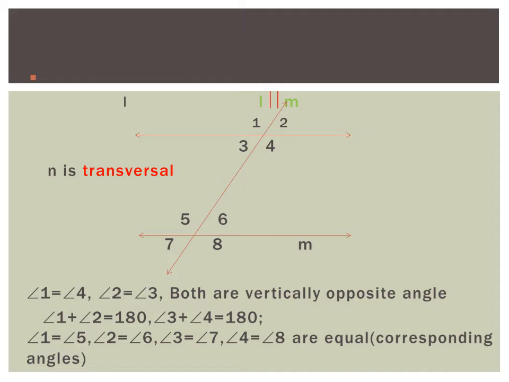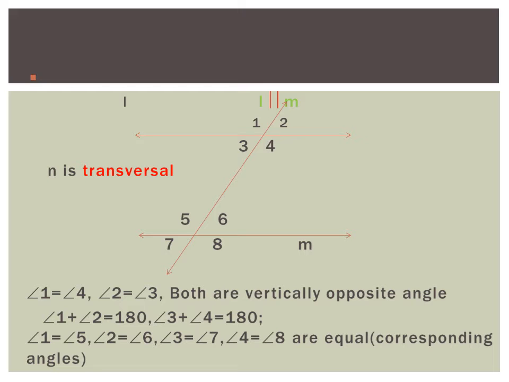So observe in the figure, there are two lines L and M, and N is a transversal. If L and M are parallel, then automatically angles 1 and 4, and 3 and 2, which are vertically opposite angles, are equal.